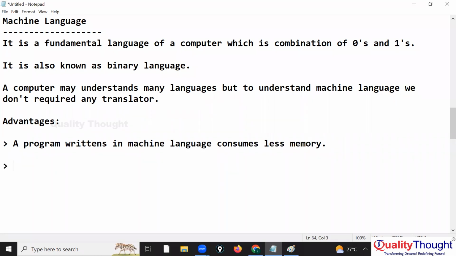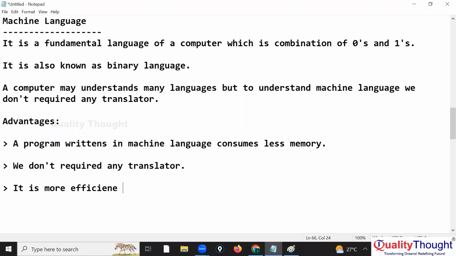Second, we don't require any translator. Tell me, do you require any translator? We don't require any translator. Next, it is more efficient, more powerful, effective when compared to other languages.